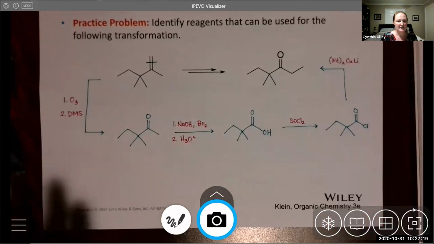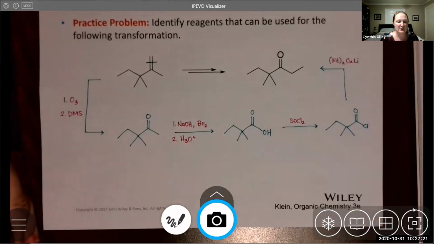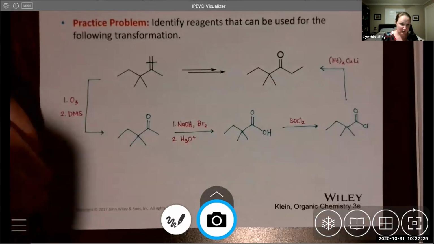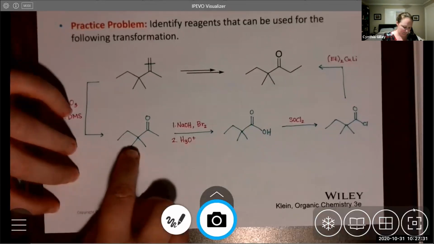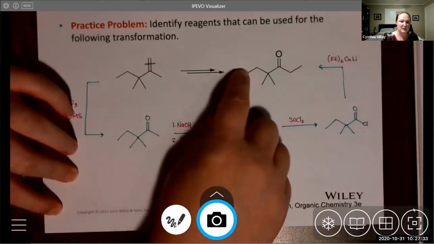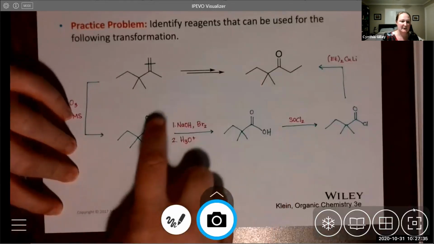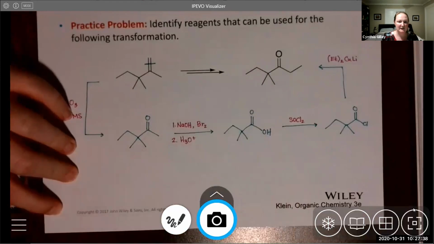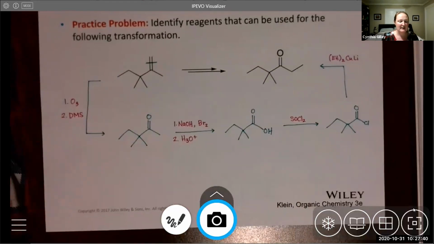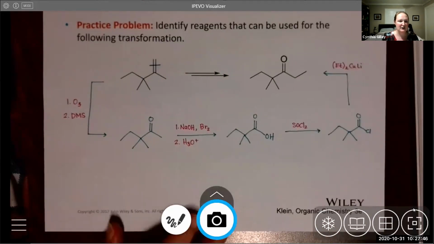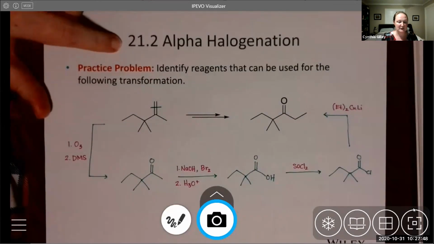If you have studied this chapter in more detail, and perhaps you're looking at this for a second time, you might realize that there are other ways to convert the methyl ketone to an ethyl ketone, specifically through what's called the alpha alkylation reaction. I specifically didn't use alpha alkylation because we haven't covered that yet in section 21.2.